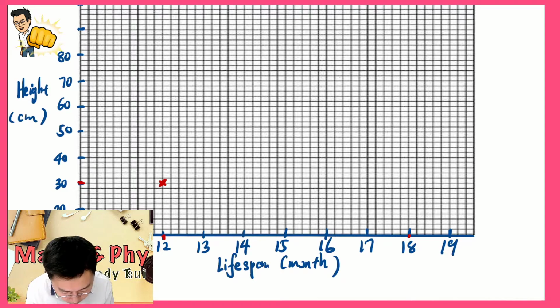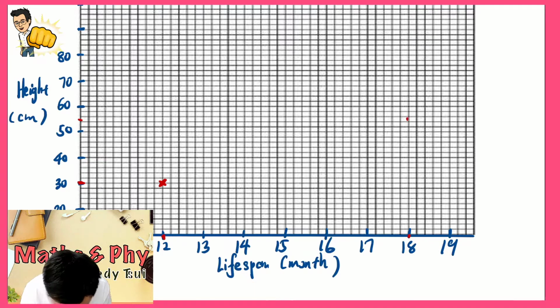Here 60, because one grid is 2 cm, so 2.5 grids is 5 cm. So we can use your ruler here, and here is 55. Then use your ruler to draw it to the 18. 18 is the month.